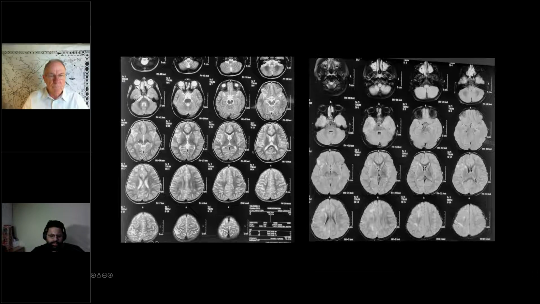You can appreciate some degree of asymmetrical prominence of the folia in the right frontal and perisylvian region as compared to the left, probably some degree of asymmetrical atrophy of the right frontal and perisylvian region. In the posterior fossa, I could not appreciate any abnormal signal changes.